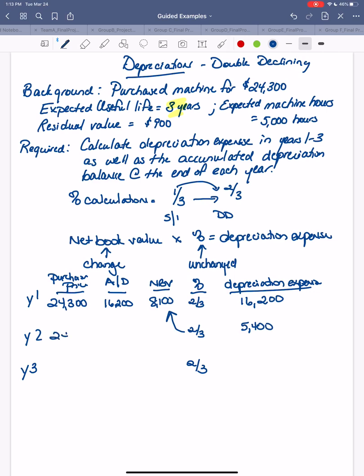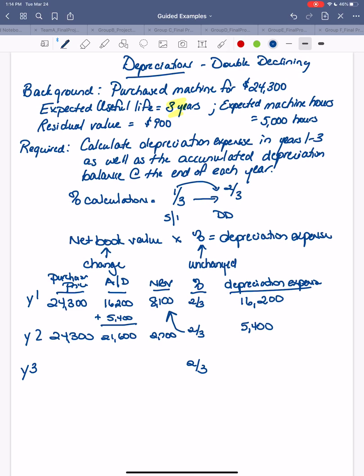Right, so purchase price is still the same. My accumulated depreciation, I've got to add in that 5,400 we just made. So my new accumulated depreciation is 21,600, which means my new book value, 24,300 minus 21,600, is 2,700.